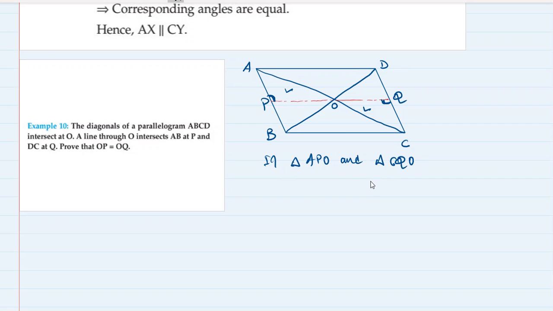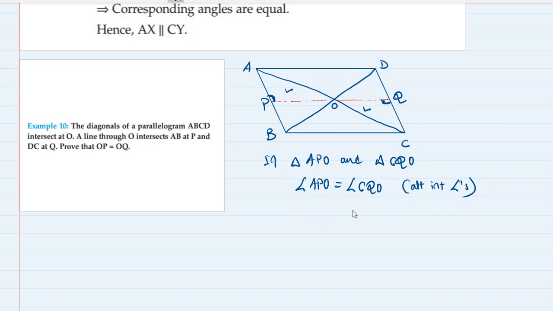In triangle APO and triangle CQO, angle APO is equal to angle CQO, alternate interior angles.